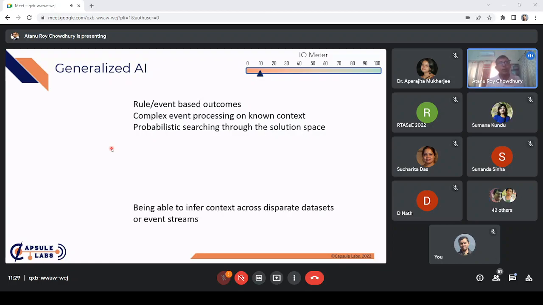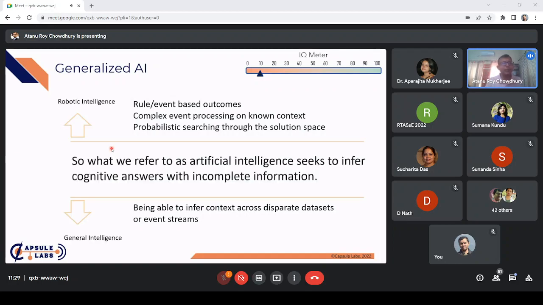It is not able to infer context across disparate data sets or event streams. So we are today somewhere in between. That is what the level of AI is enabling us to do, somewhere in between robotic intelligence and generalized intelligence. So even though in my IQ meter I've gone up to 10, there is still a long way to go to probably catch up with what we consider as human level intelligence.